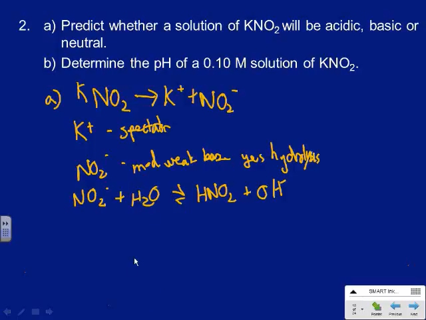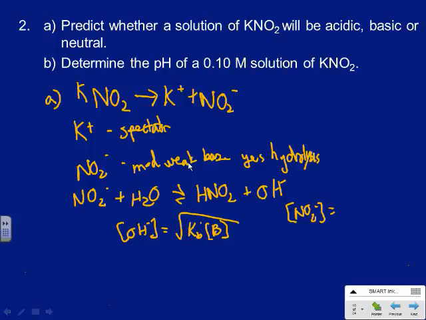Which means I'm going to use OH minus is equal to the square root of Kb times the concentration of that base, because it's a base. I need the concentration of NO2 minus.